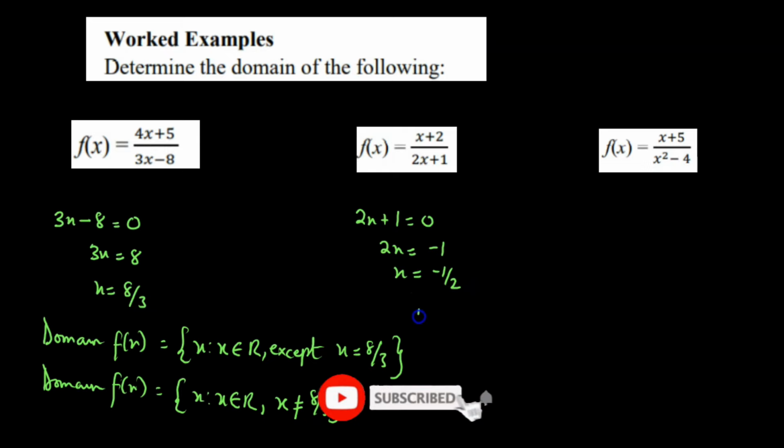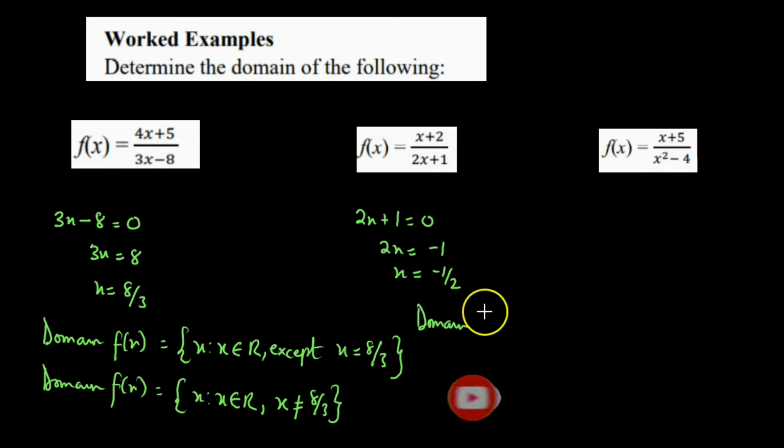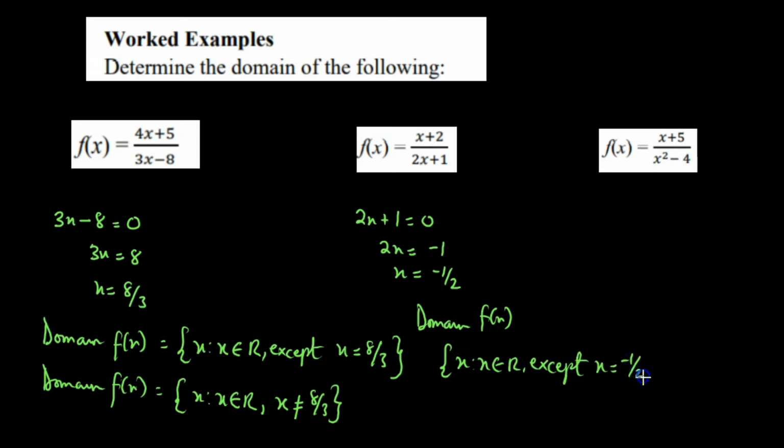So to state the domain of f of x, it will be in curly brackets x such that x is a member of R, except x equal to negative 1 on 2.